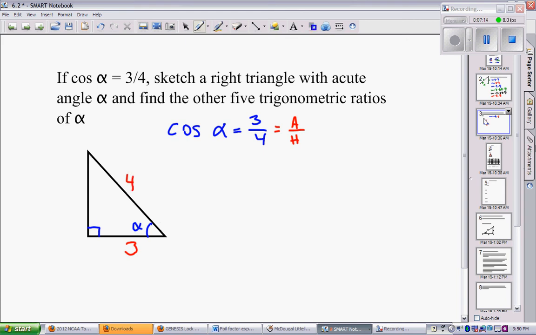So that means we have to find our other leg. We'll say it's b, and we know a formula to find the side lengths. A squared plus b squared equals c squared, the Pythagorean theorem. So you go 3 squared plus b squared equals 4 squared. 9 plus b squared equals 16. Solve for b.